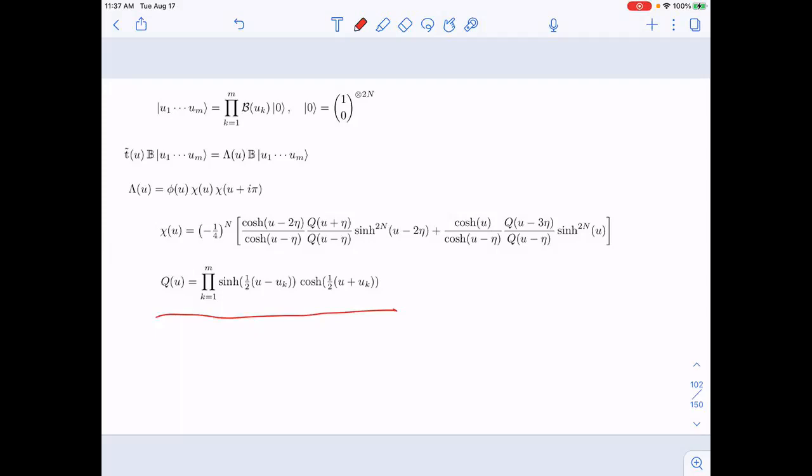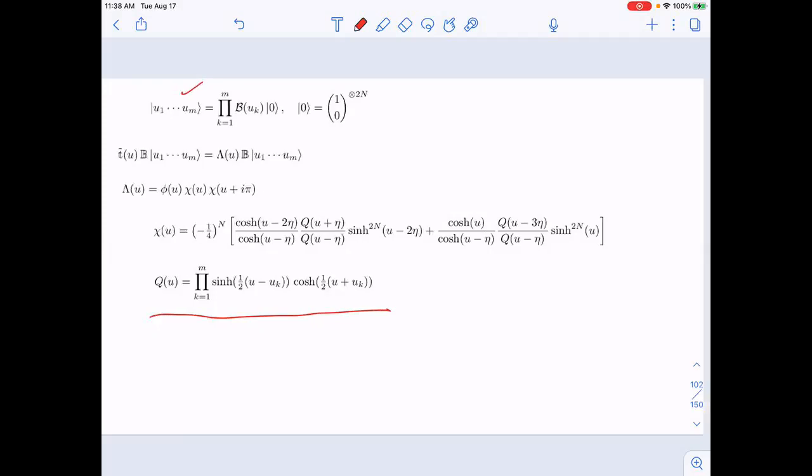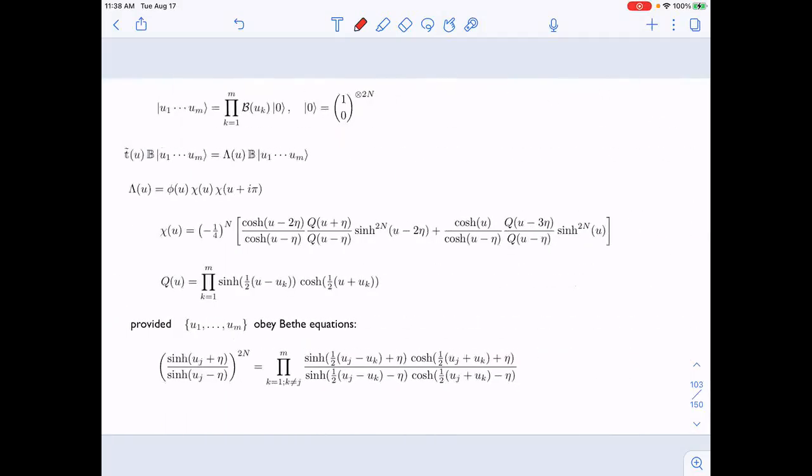The zeros of the Q function are exactly these Bethe roots appearing here. And of course, we know that these Bethe states are going to be eigenstates of the transfer matrix, provided that the u's satisfy the Bethe equations, which I've written here.